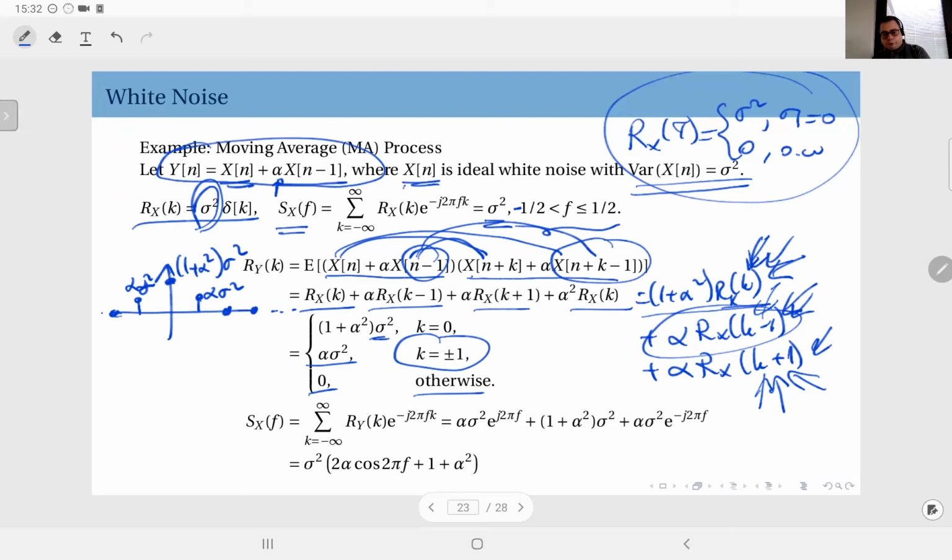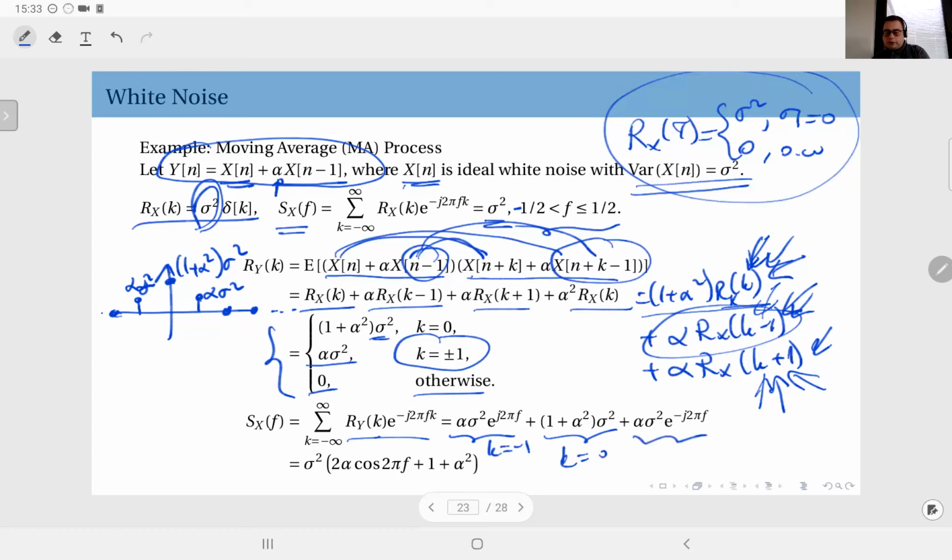When you have this autocorrelation, you can compute the PSD of y by taking the Fourier transform of this autocorrelation. Just apply the definition. Of course, this autocorrelation is non-zero only for 3 terms, k equals minus 1, 0, or 1. So that is alpha times sigma square e to the power j2 pi f, for k equals minus 1. And 1 plus alpha square times sigma square times e to the power j2 pi f times 0, for k equals 0.